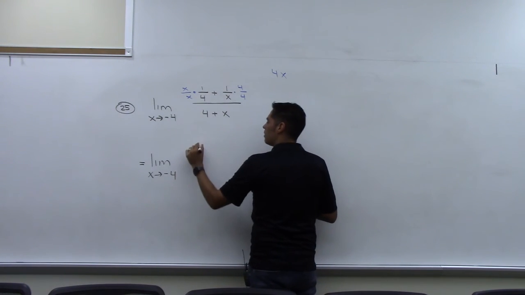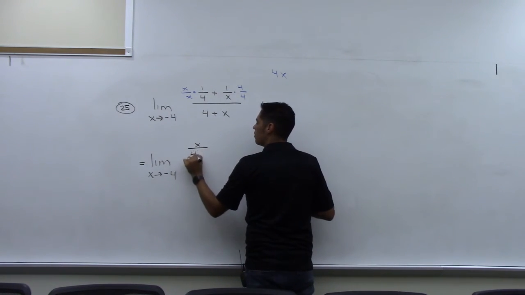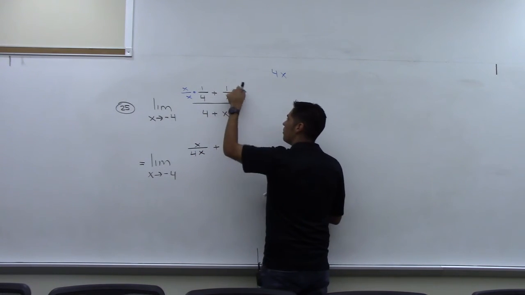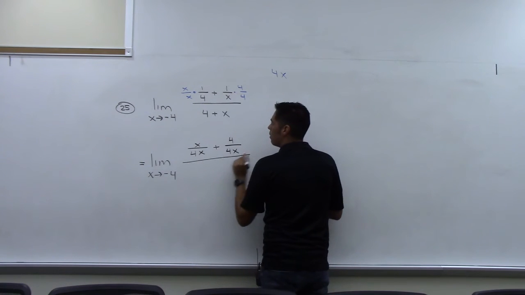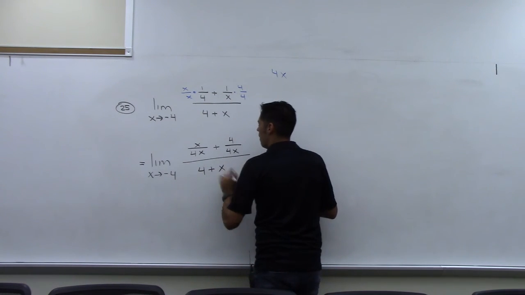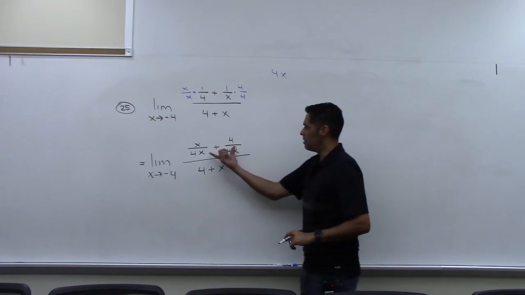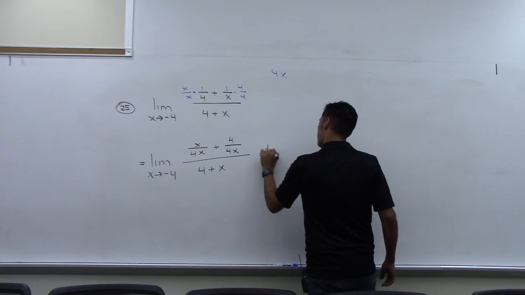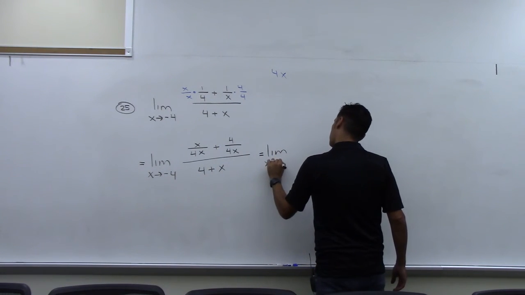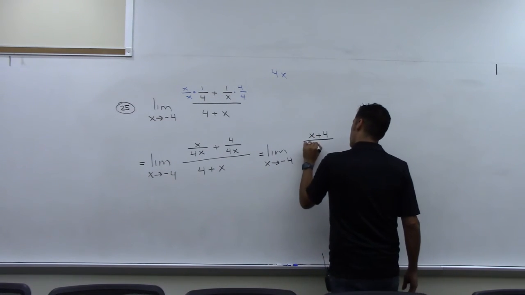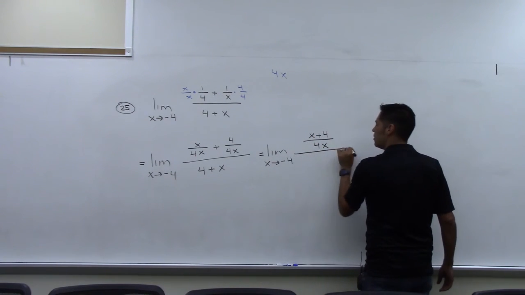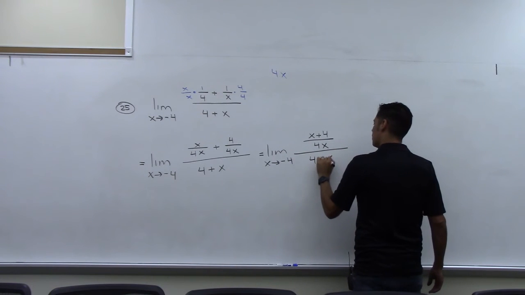x times 1 is x over 4x, plus 1 times 4 is 4 over 4x. Then all of that over 4 plus x. And notice since these have the same denominator, you can put them together. So x plus 4 over 4x, all of this over 4 plus x.